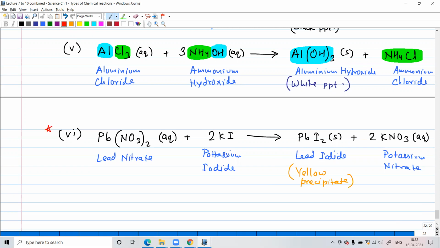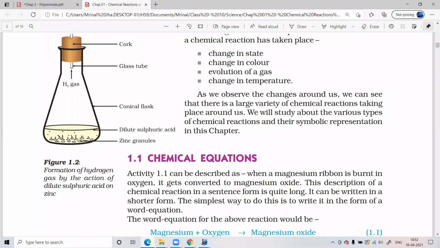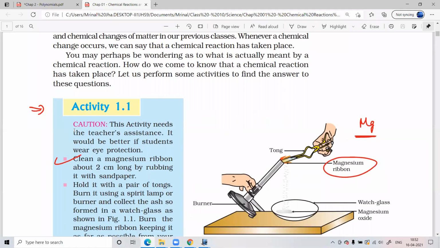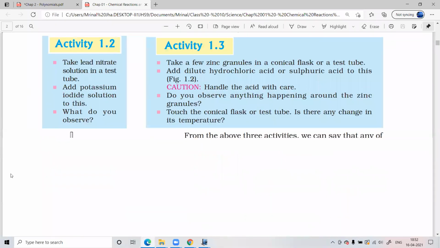Okay, this reaction is also special and important because this is your activity 1.2 in your NCERT book. When you studied the first few pages, you had activity 1.1, remember, related to the magnesium ribbon burning in oxygen.